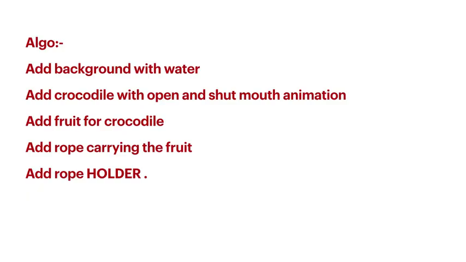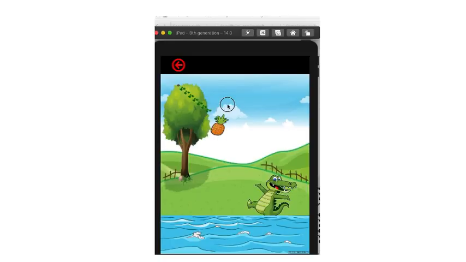So for this game, what will be the algorithm? As you can see, we need to create a background. It is very simple: we need to add the background and the crocodile. Now you can see that the crocodile image is opening and closing its mouth.